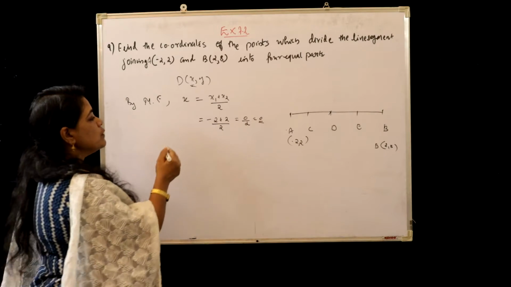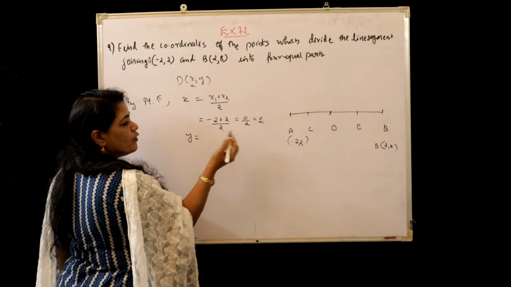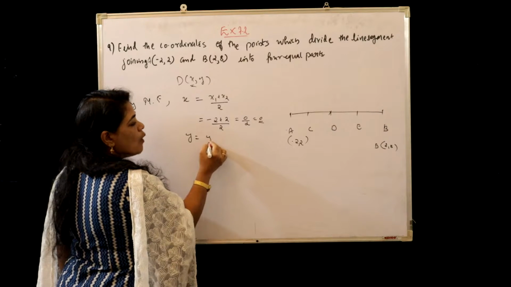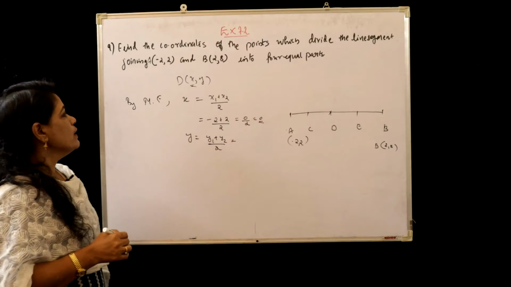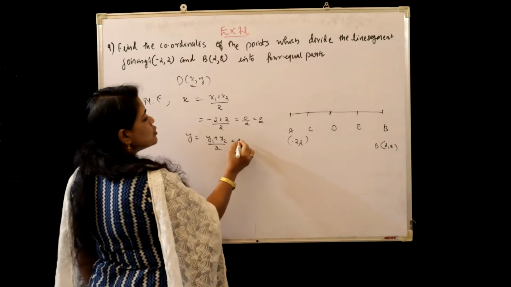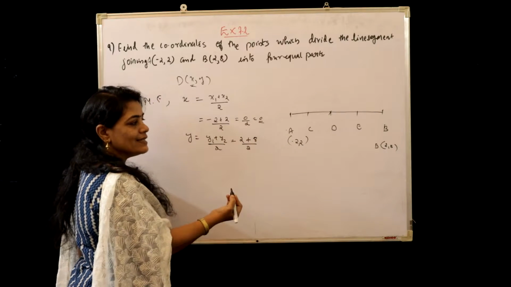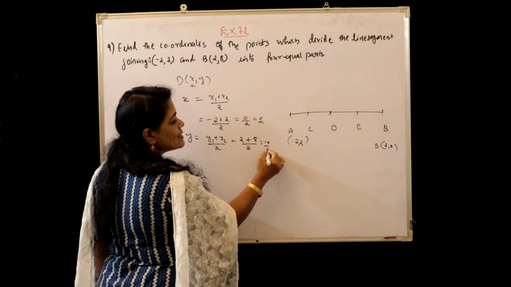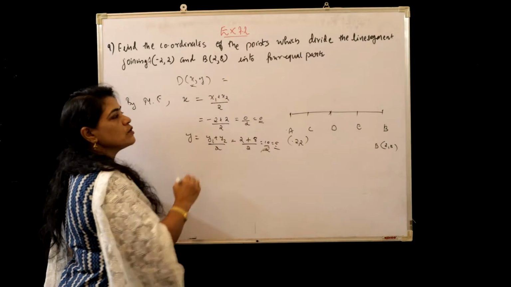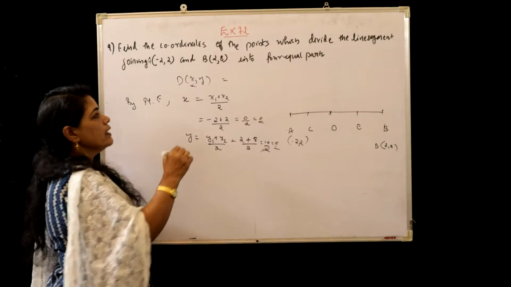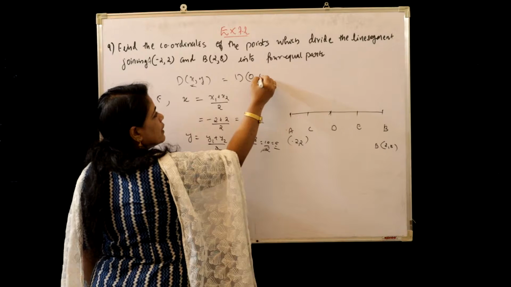Okay, so in order to get y, the y coordinate of the midpoint D of line segment AB, that is y1 plus y2 by 2. Okay, y1 is 2 plus y2 is 8, by 2, that is 2 plus 8 is 10 by 2, and that is 5. Okay, so the coordinates of D of x comma y is 0 and 5.